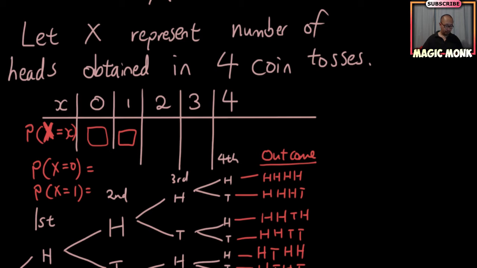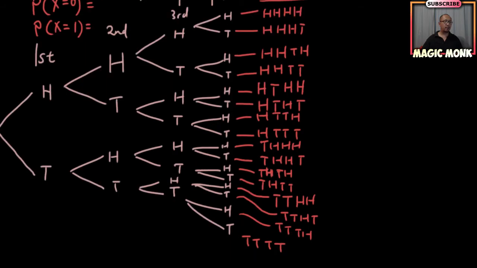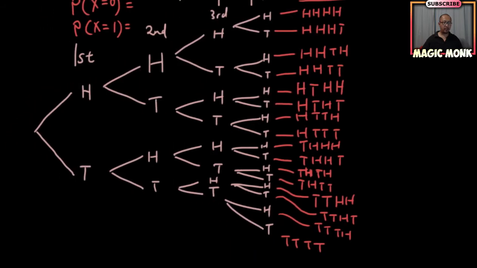So, what is the probability of getting 0 heads? Well, you can see here that each of these outcomes has an equally likely chance of occurring, because there's a 50% chance, 0.5, of this tree going either up or down.